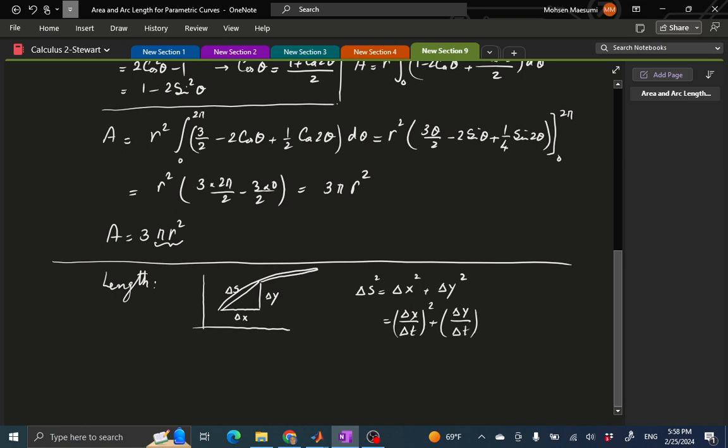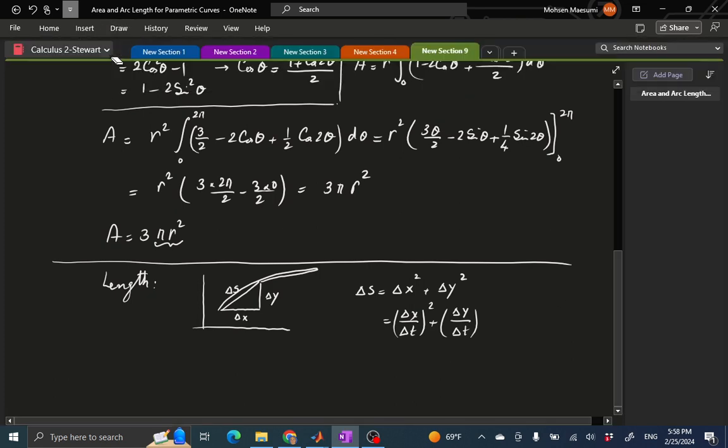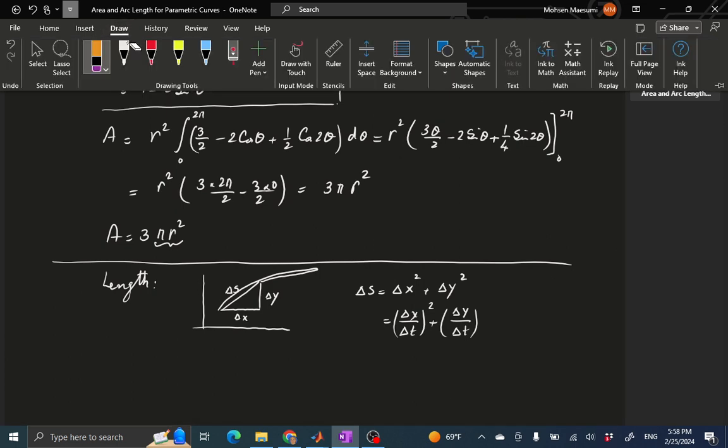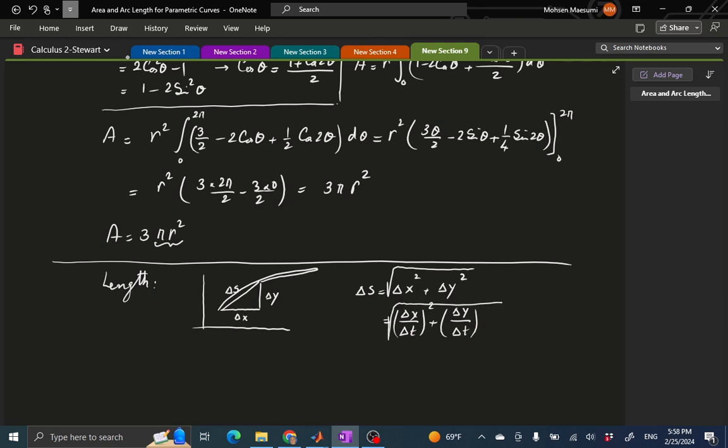Well, let me make a correction here. Delta s squared will be that, and delta s itself is the square root of this quantity. So this is the square root of this quantity, and I have to cancel the delta t, so that is going to be my delta t.